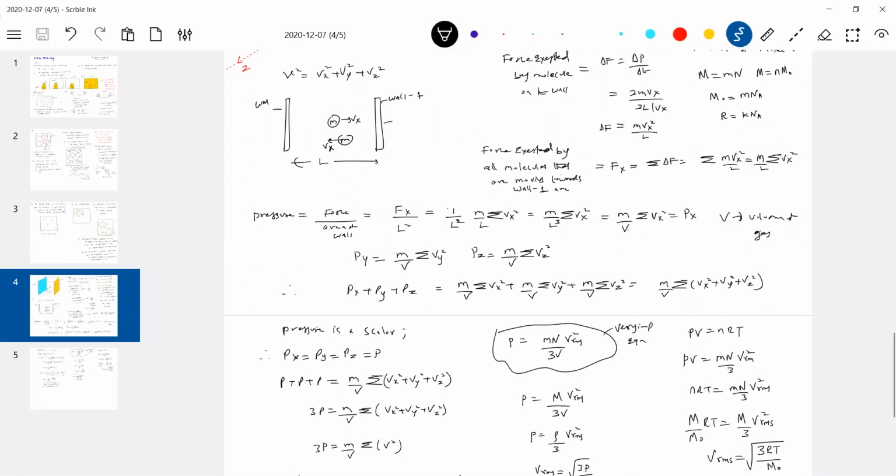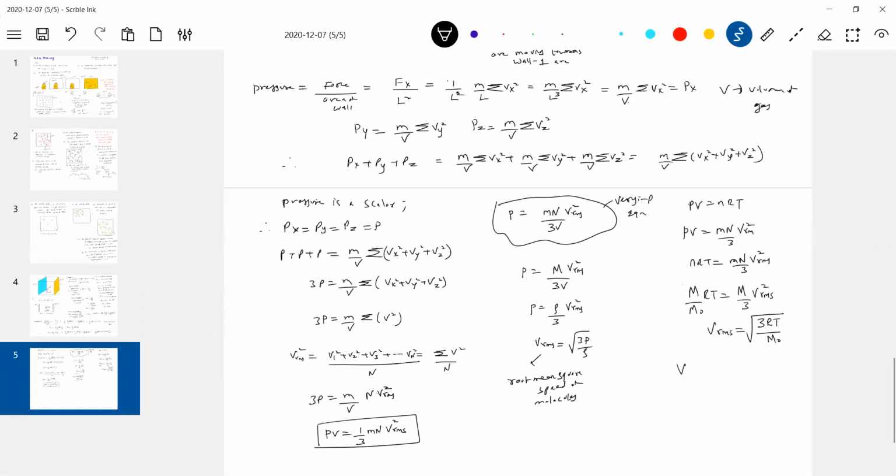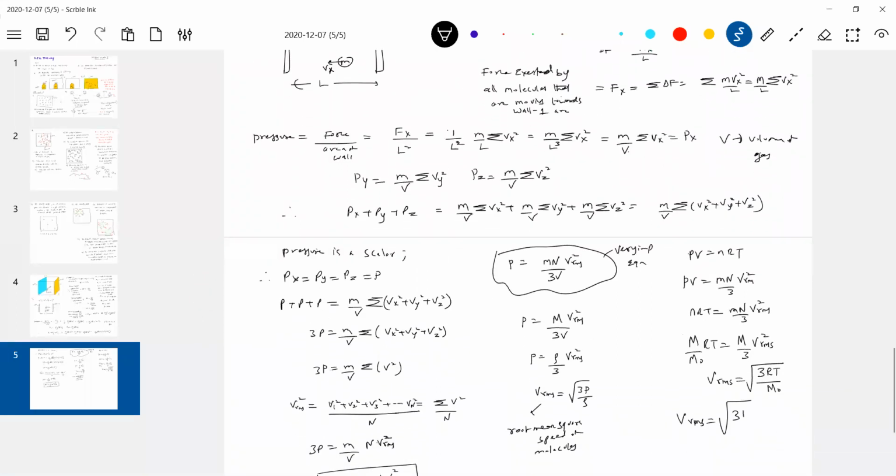So this R, can I replace it? R, can I write K into Na? I'll further go for it. So R is equal to what we can write? K Na.